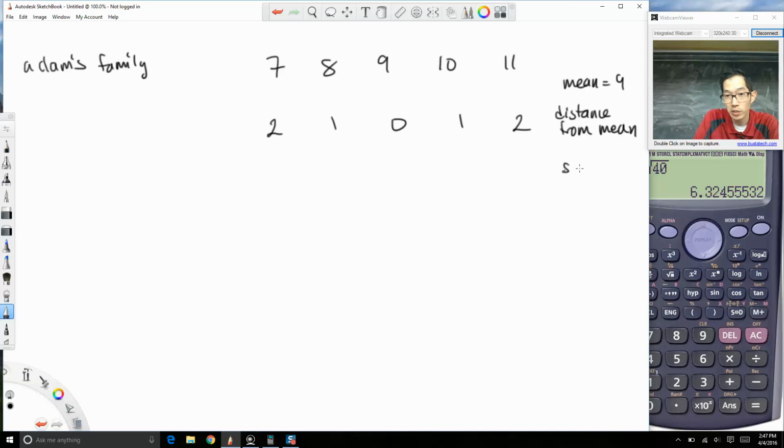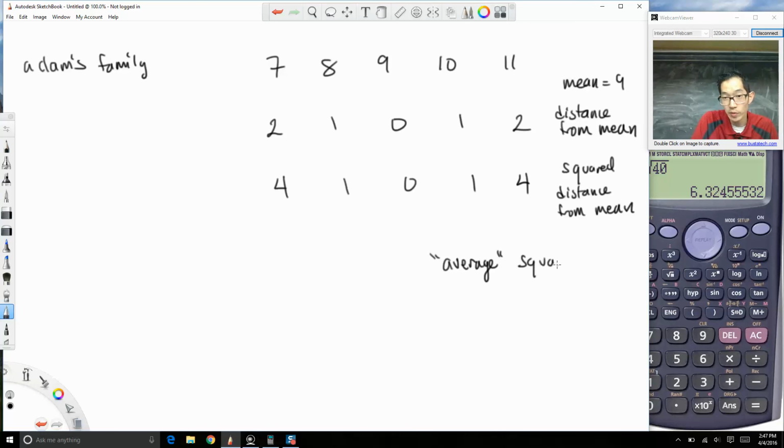Then we're going to do the squared distance from the mean. We square the 2, we get 4. We square 1, we get 1, 0, 1, and 4. So the quote-unquote average squared distance from the mean will be what?